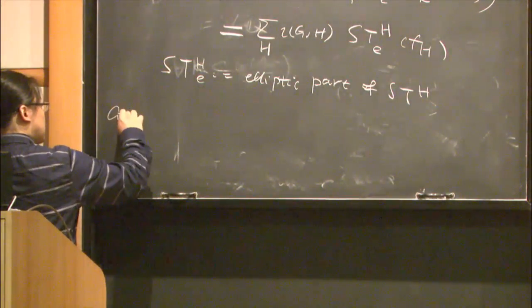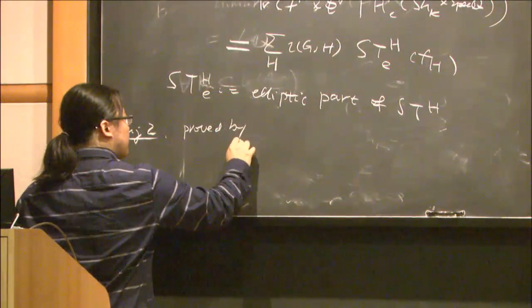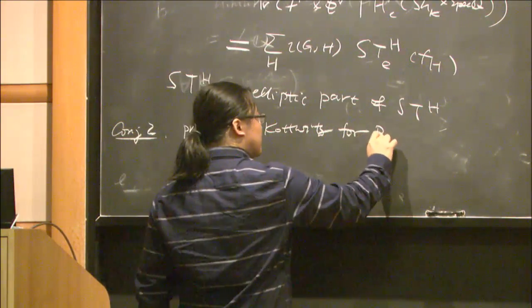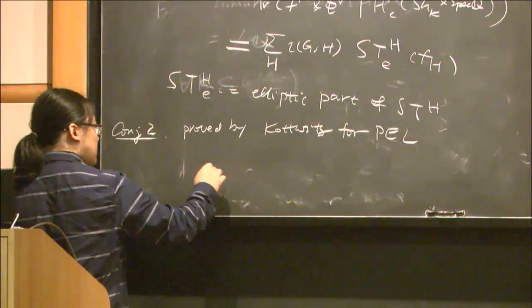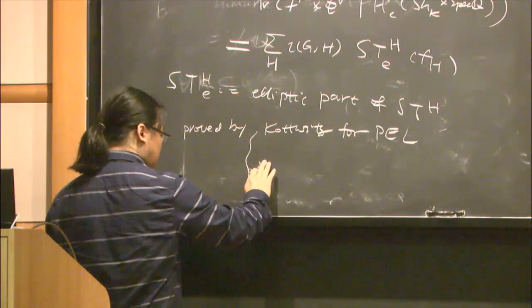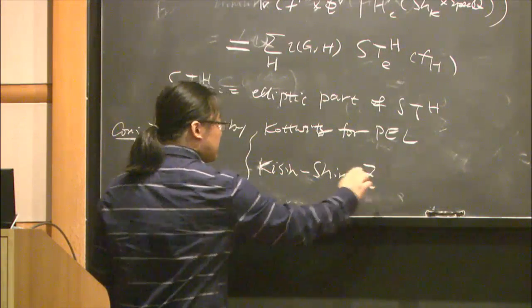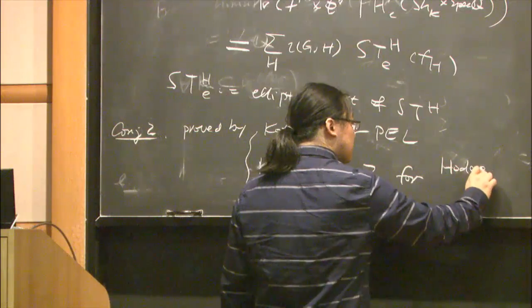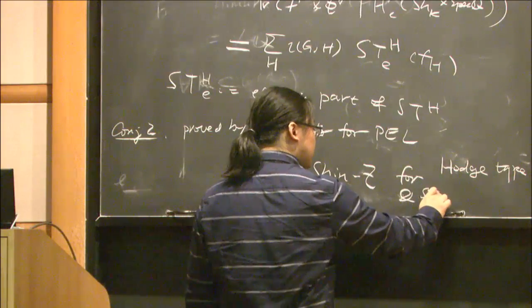So conjecture 2 is proved by Kottwitz for PEL-type Shimura varieties, or maybe excluding some of them, and also by joint work with Mark Kisin and Sug Woo Shin and myself for Hodge-type Shimura varieties, and some abelian-type Shimura varieties.